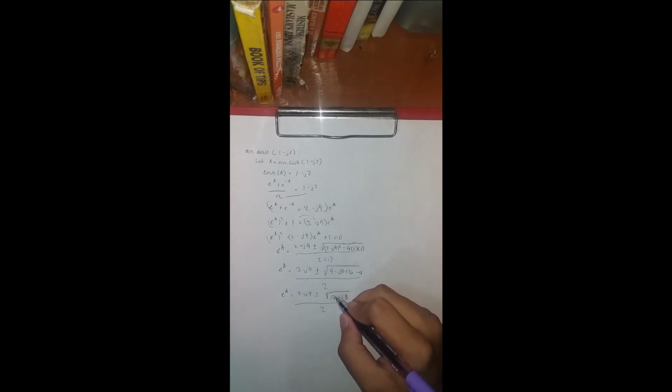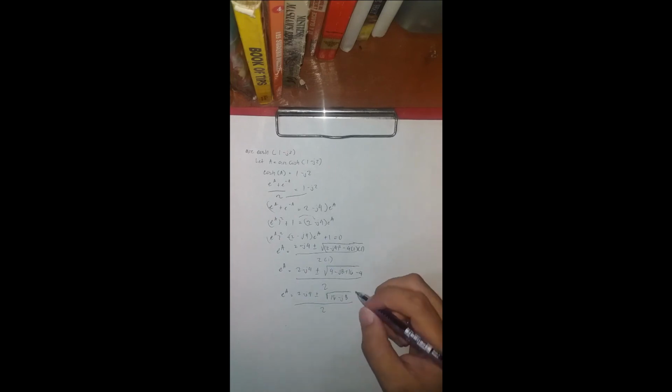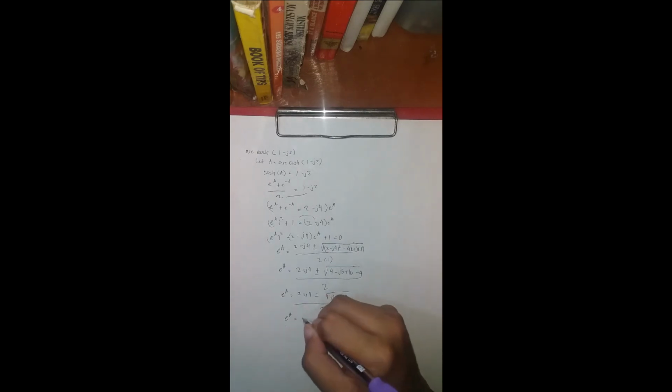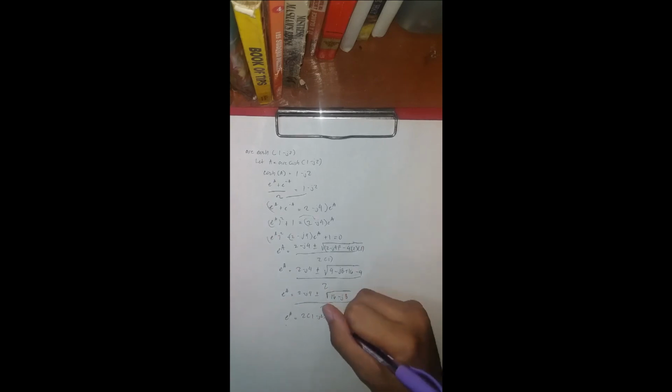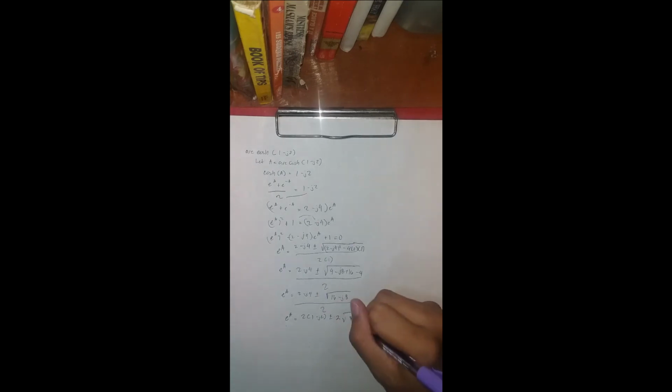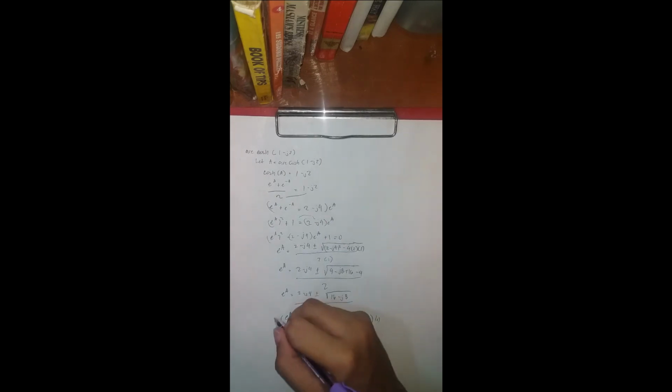Simplify this, so we took out the 8, and 8 can be the product of 4 and 2, so the 4 is a perfect square. So you have e raised to a equals, we factor out, so 2, 1 minus j2 plus or minus 2, and what's left inside is just 2 times 1, or 2 minus j, all over 2. Cancel out and multiply by ln.